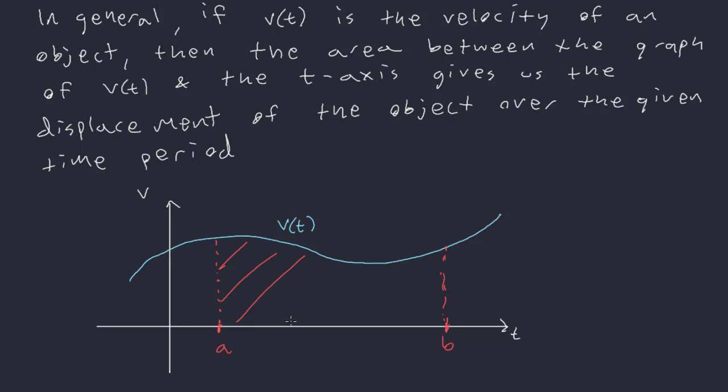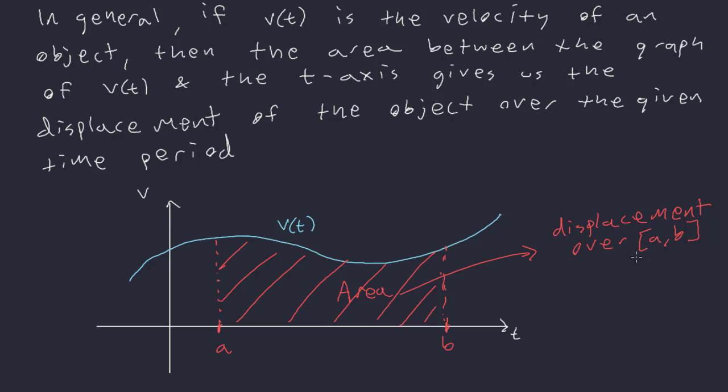This area corresponds to the displacement over the interval a to b. In other words, if s is the position function, it's going to be s of b minus s of a.